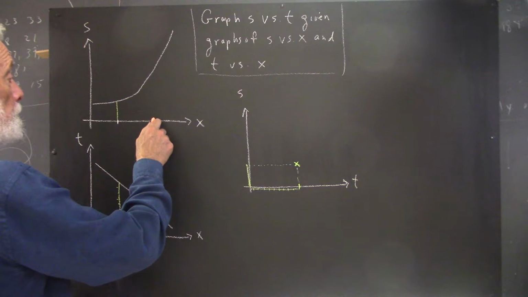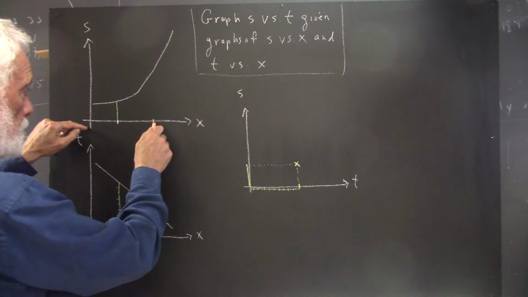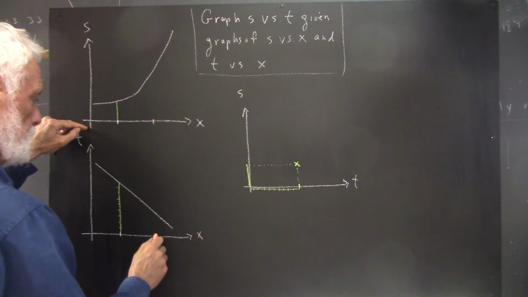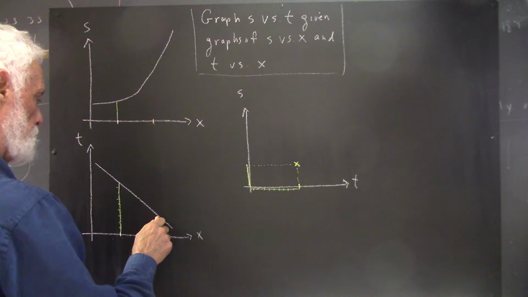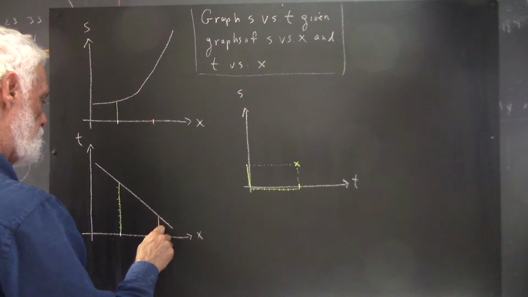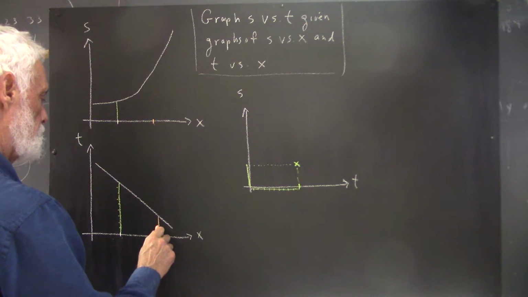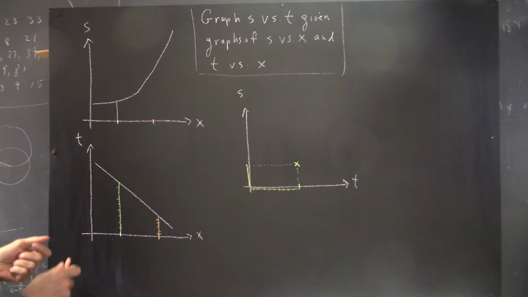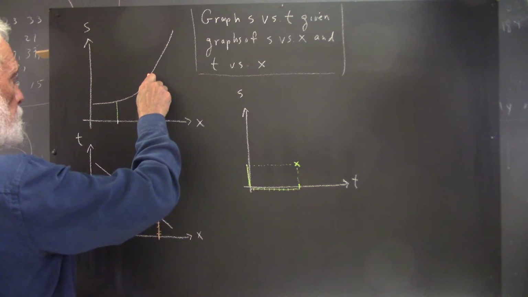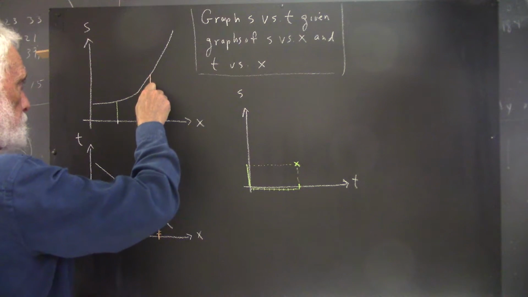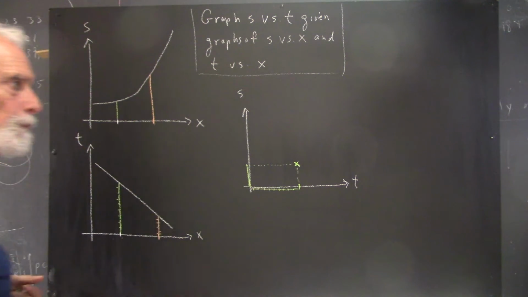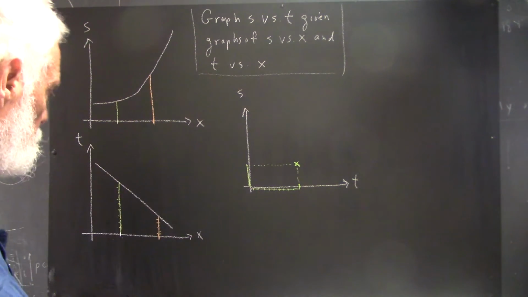Okay, so over here, let's do it again. Now we use this X value. Of course, I'm using a different color so we can see. Now we have a T value, and I'll use tracks on the T value, and an S value that I can use to construct a new point.